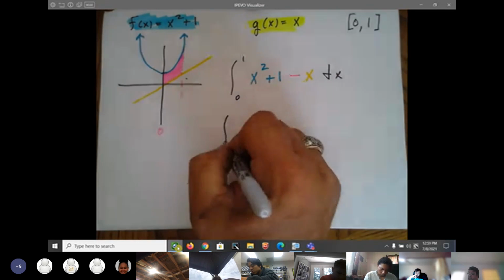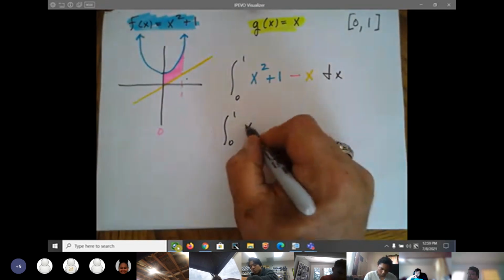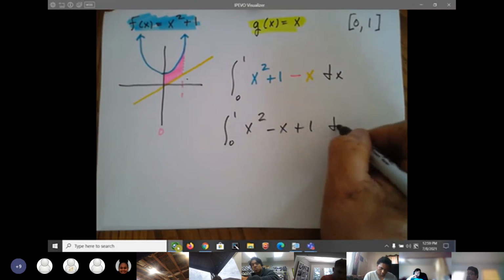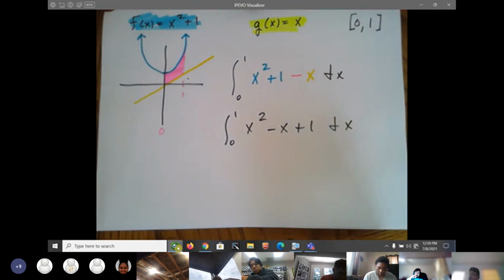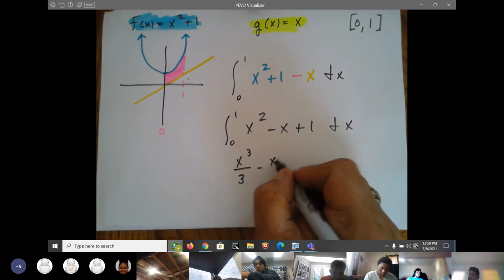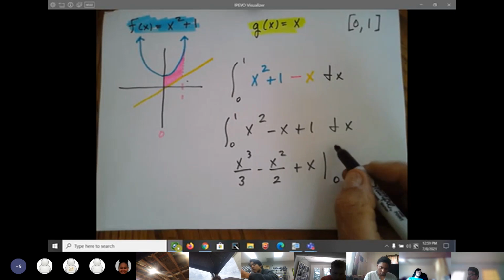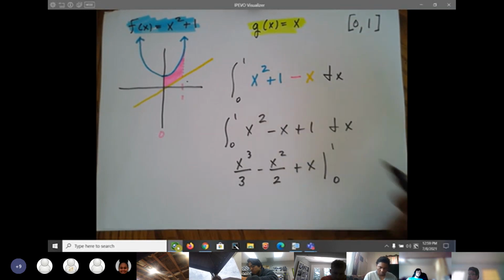So that's going to be from 0 to 1 of x squared minus x plus 1 dx: x cubed over 3 minus x squared over 2 plus x, evaluated at 0 and 1.